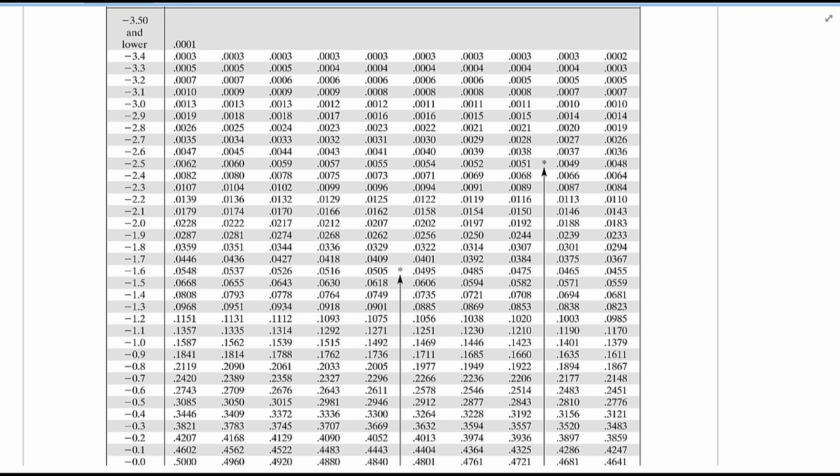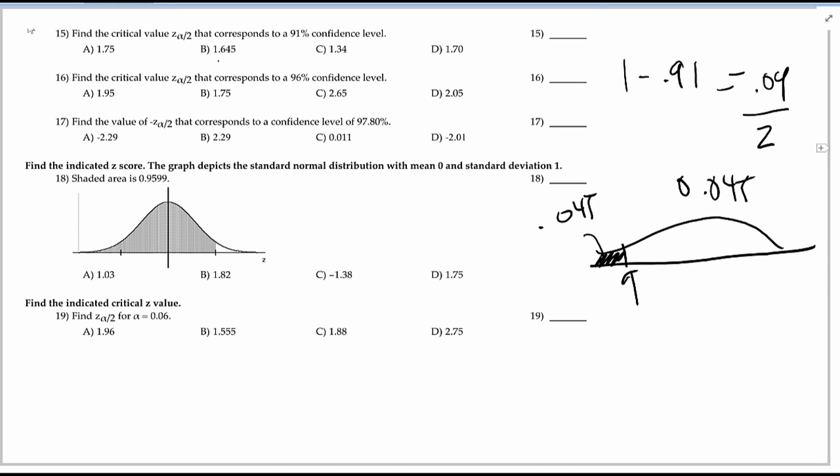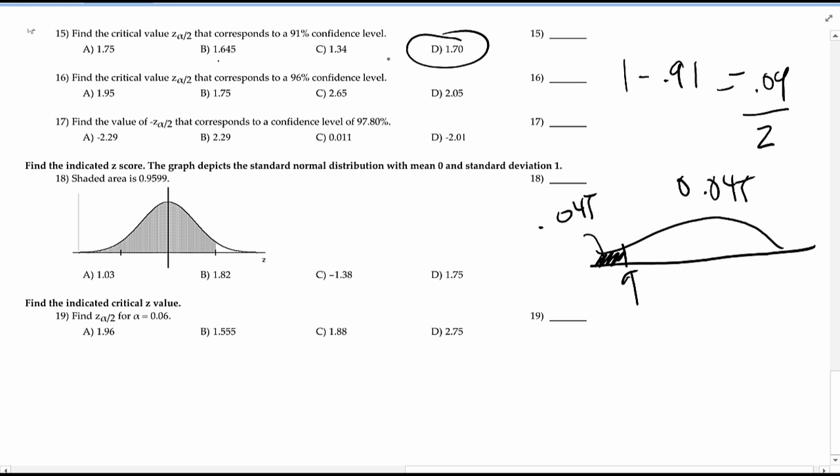So we have to choose between two values. I have here 0.0455 and this is 0.0446. So this is closer by 1 unit at the 1000 location. So that would be 1.7. Let's check to see if we have that answer. So 1.7, do we have that? All right, yes. So that will be the value.